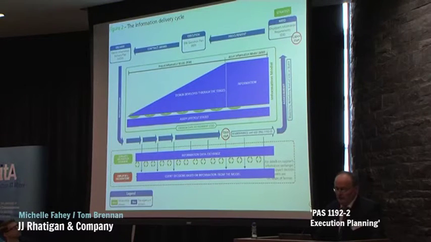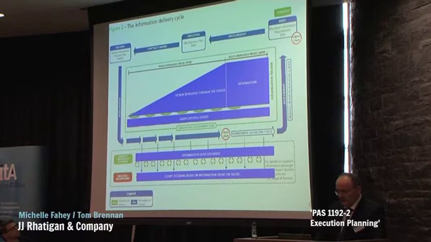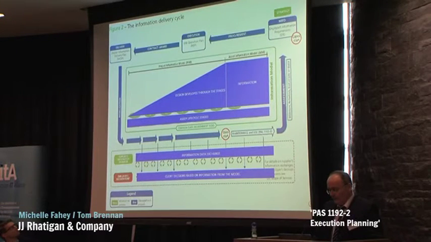So if we go back again to the information delivery cycle in relation to PAS 1192 Part 2, what I've done here is overlaid this diagram to simplify it and break it down, and to see where the BEP sits in the process and the inputs and the outputs from the BEP. So on the top right hand side, we see the employer's information requirements.